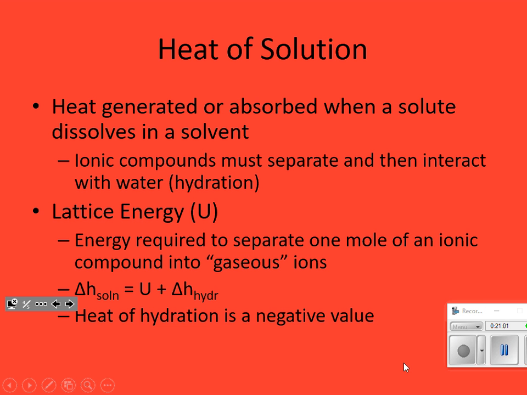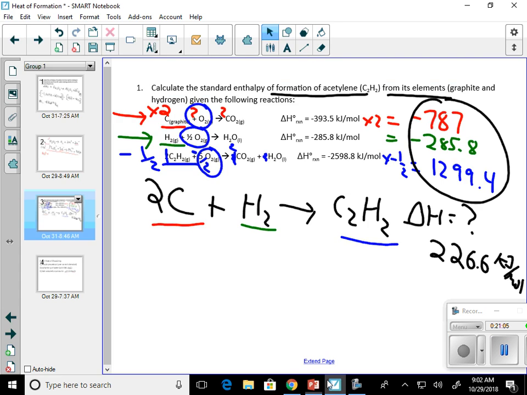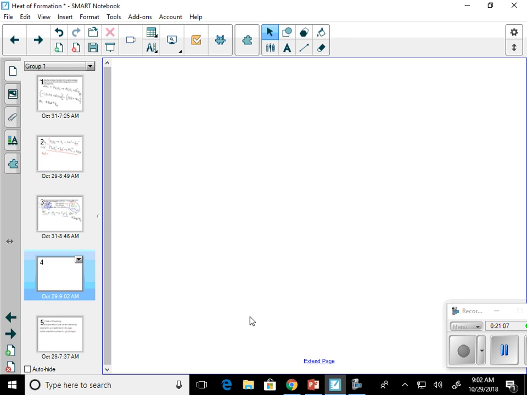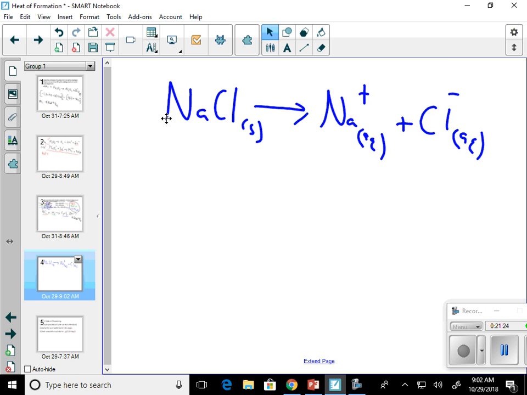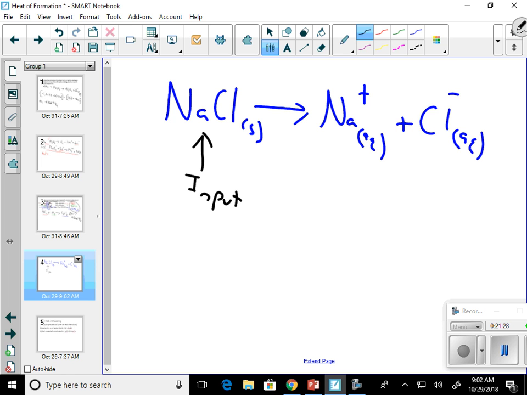So again, if I kind of write that out for you here, if I started with solid sodium chloride, and it became sodium ion dissolved in water and chloride ion dissolved in water, it takes energy to break apart the solid ions.